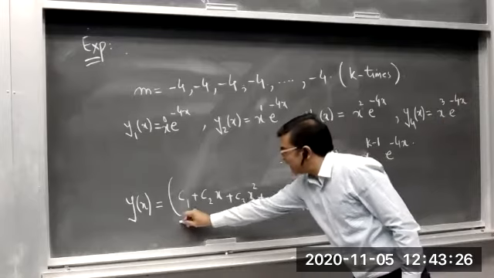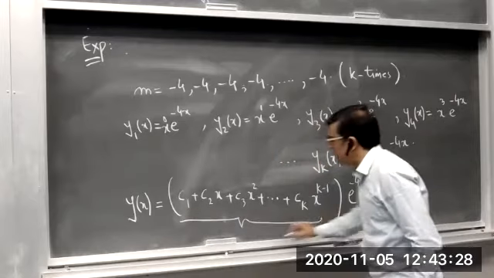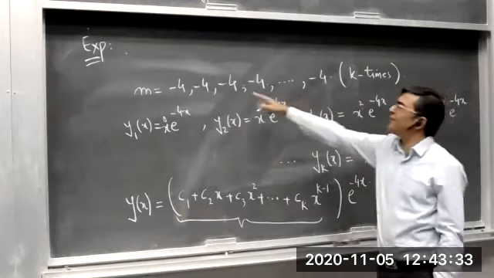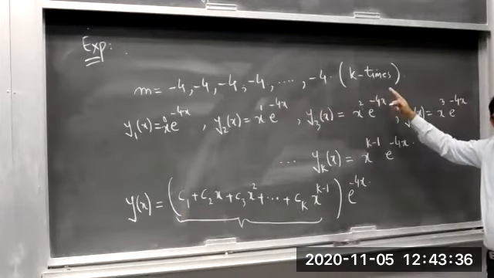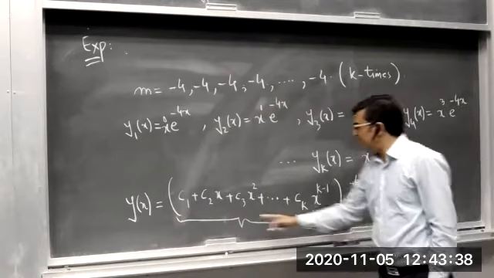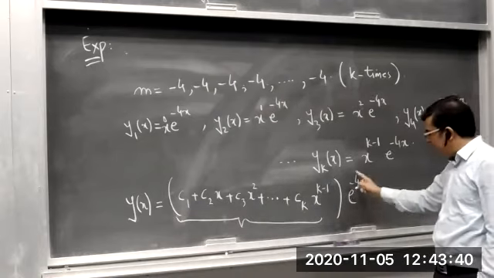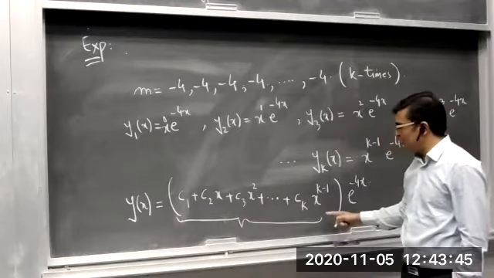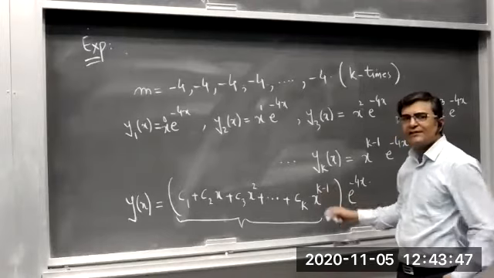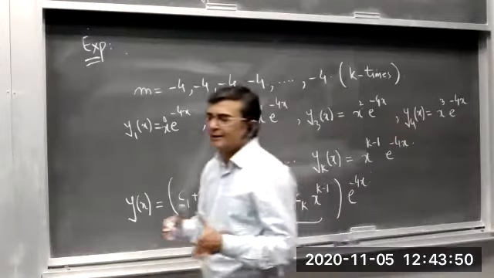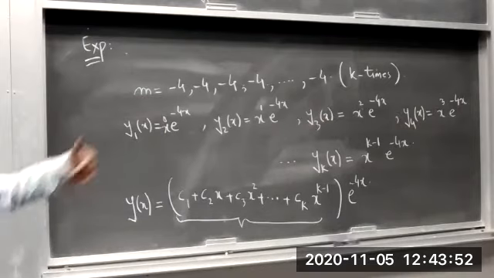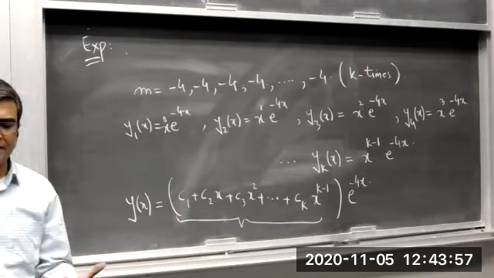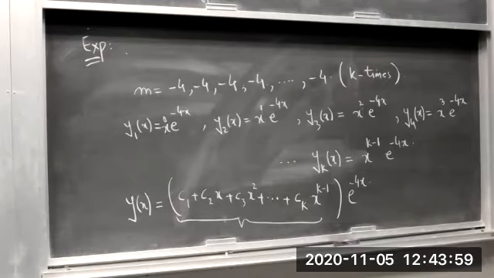So this function will be a polynomial of degree k minus 1. If the roots are repeated k times, then the general solution will be the multiple of this y1, and the multiple is what? It is the polynomial of degree k minus 1. This is how we generalize the solutions in case of repeated roots. I hope you get it. If you have any question, you can ask me.